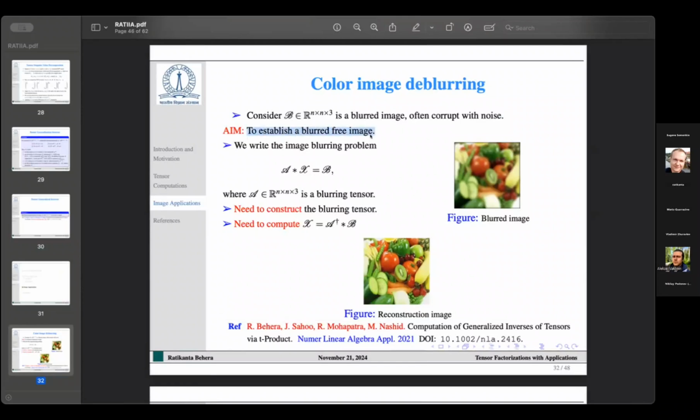For that image deblurring problem, we can write AX equal to B, where A is a blurring tensor that needs to be constructed. Our aim is also to compute X. First of all, we have to construct A; without A, we cannot do it. And then we have to compute X, that is X equal to the Moore-Penrose inverse, or pseudo inverse, of A applied to B. So this is the blurred image and this is the reconstructed image.